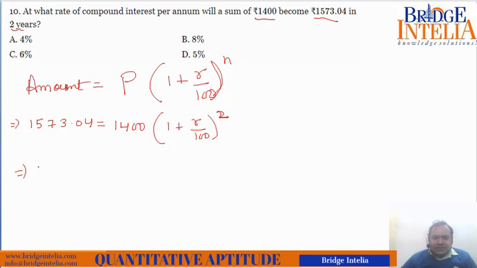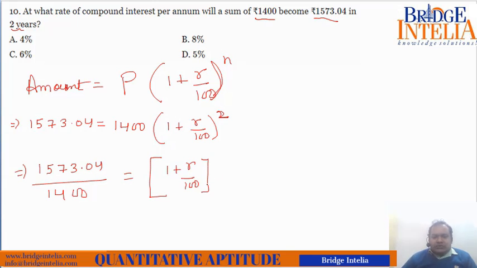So let's see. It means 1573.04 by 1400 is equal to something square. So 1 plus r by 100 whole square. There is a big hint that we have to express this as something square. So let's do that. If you remove this decimal, 2 more zeros will be added here.